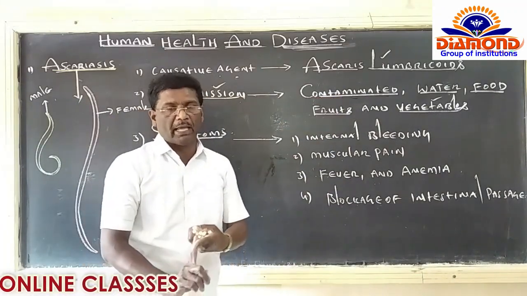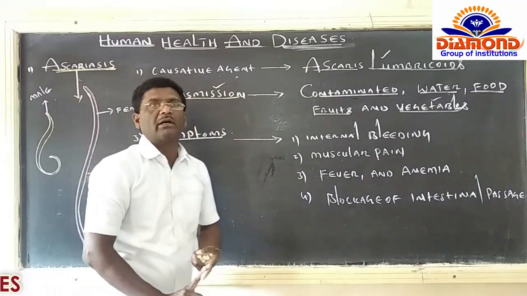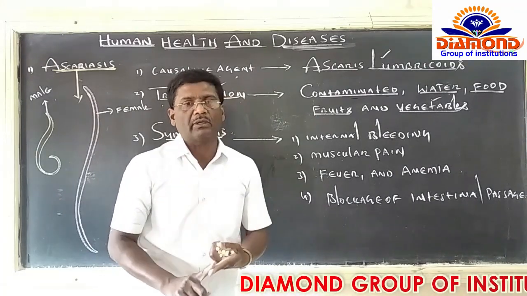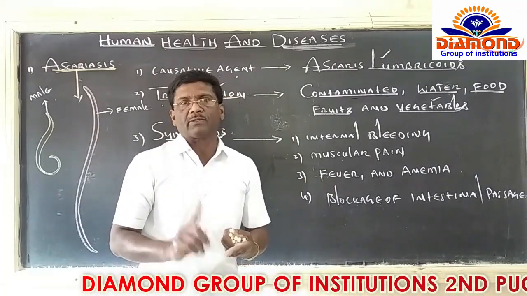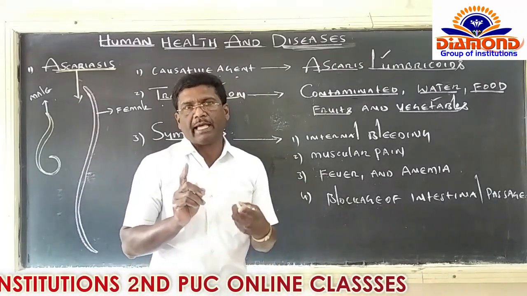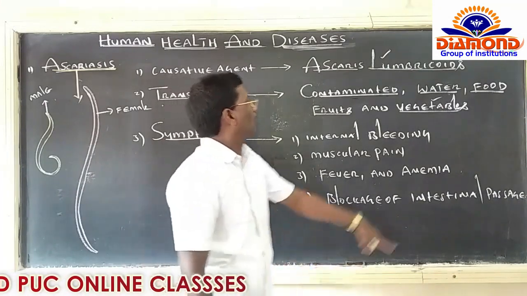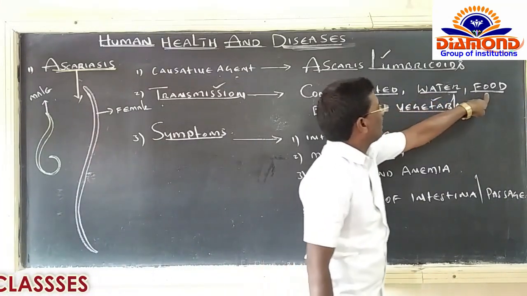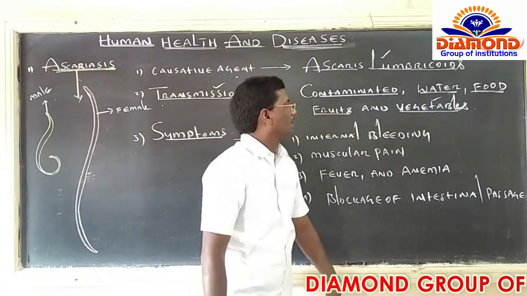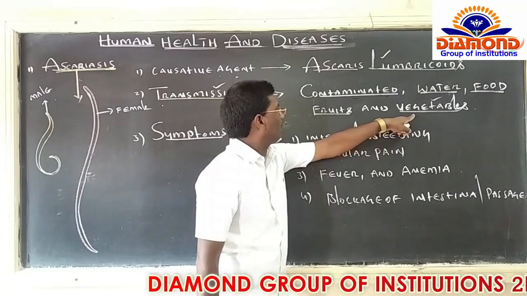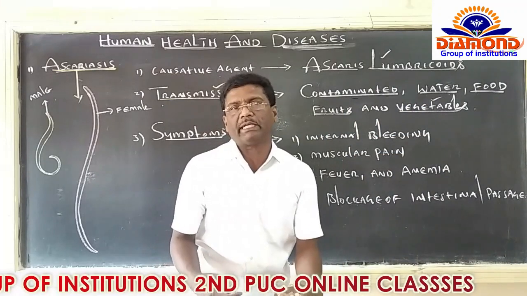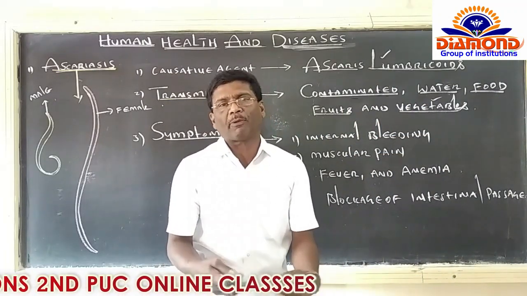Sometimes Ascaris lumbricoides eggs are released into human stool. When a person excretes stool directly in open areas, these eggs, along with the stool, pollute the water, food material, fruits and vegetables. Without proper cleaning of vegetables, fruits and food, sometimes we eat raw tomatoes without proper washing.